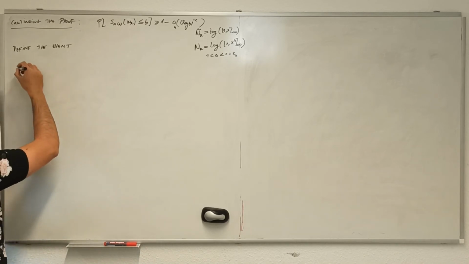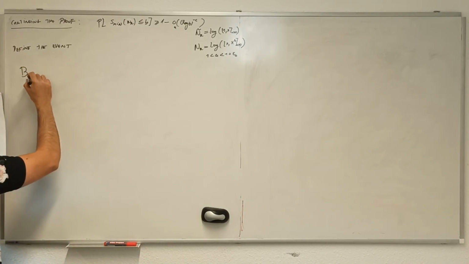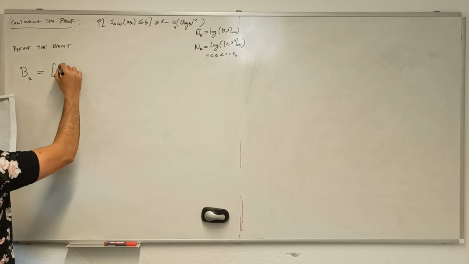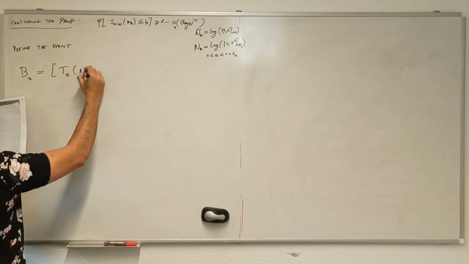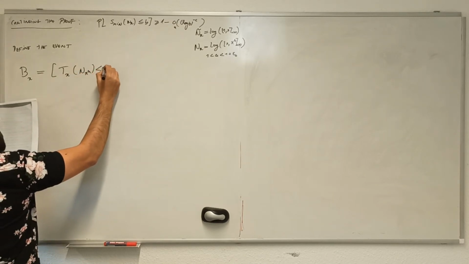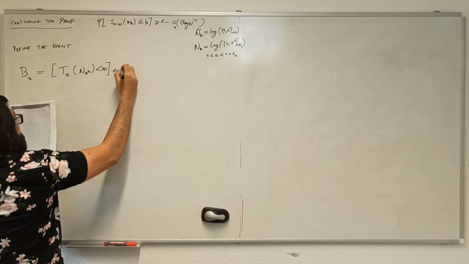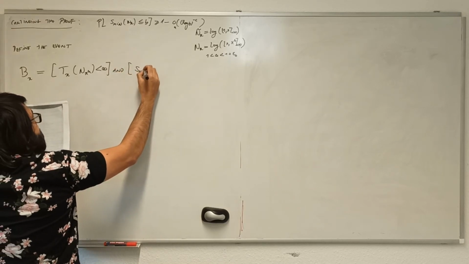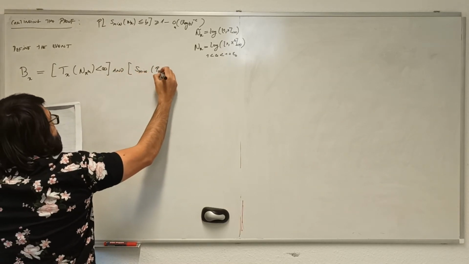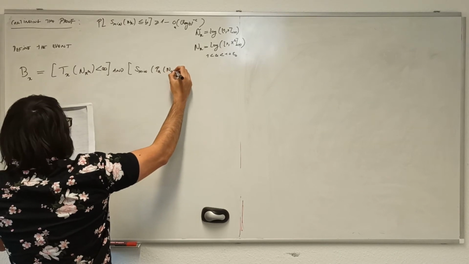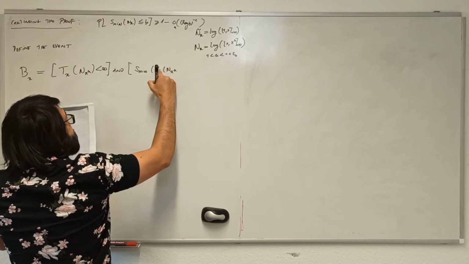So now define the event, and Tao defines it the same way. Bx is just this, this is Px.